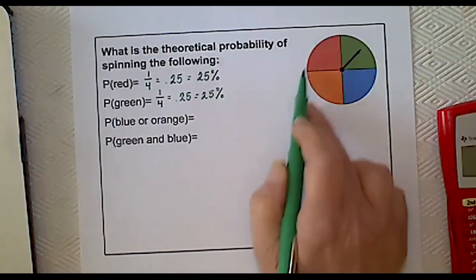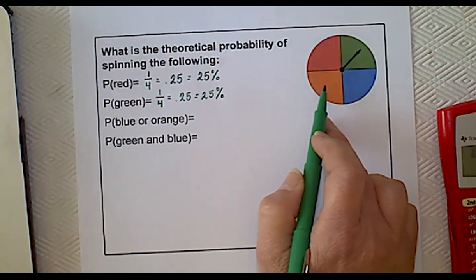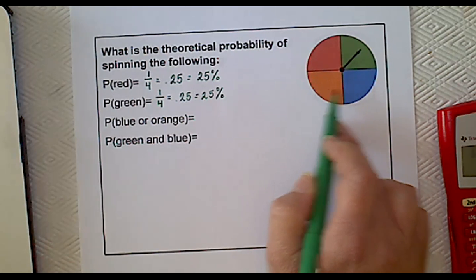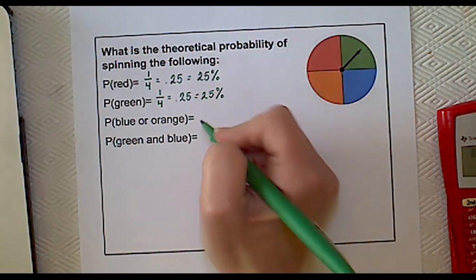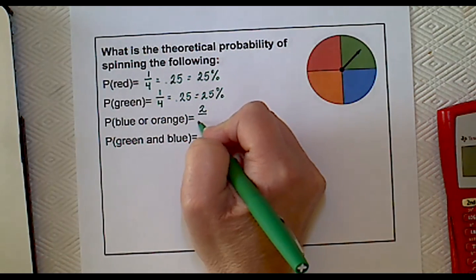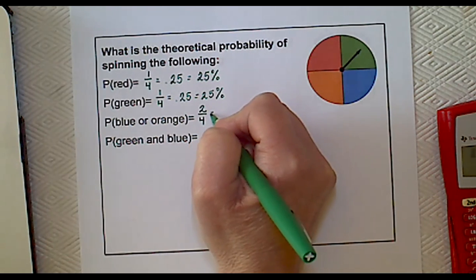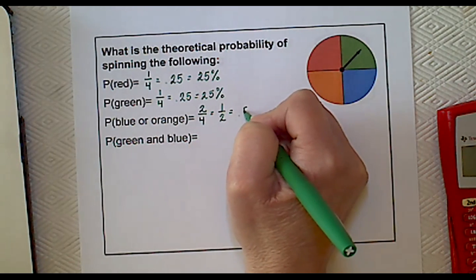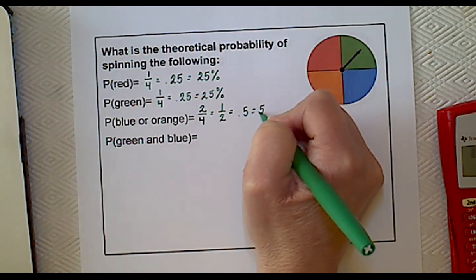Blue or orange. So it could land on blue, it could land on orange. So the number of favorable outcomes that I could have is 2 out of 4. We simplify that down to 1/2, which is 0.5 or 50%.